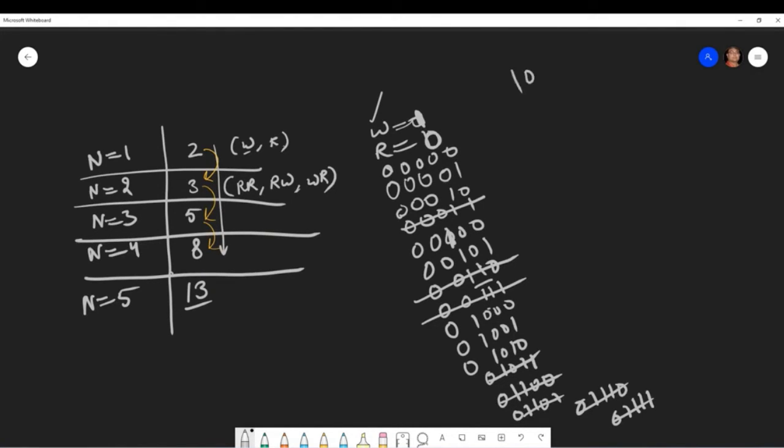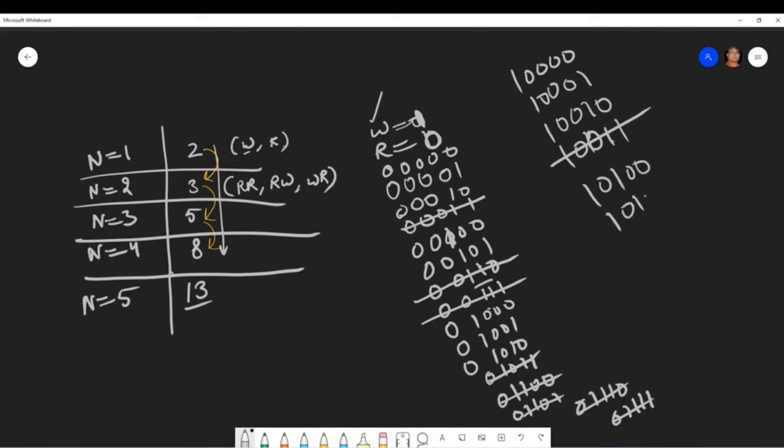Then you start with 1, 5 zeros, valid. Then 1, 0, 0, 1, 0, 1, 0, 0, 1, 1 cancelled; 1, 0, 1, 0, 0, 1, 0, 1, 0, 1; 1, 0, 1, 1, 0 cancelled. Beyond this point, all the numbers will have two ones together for sure.